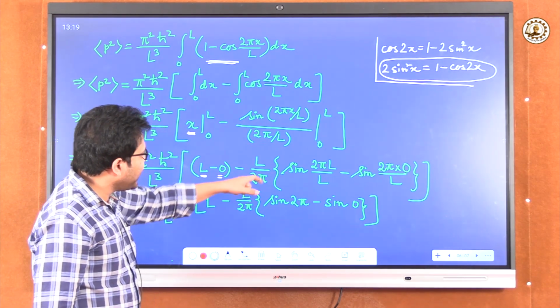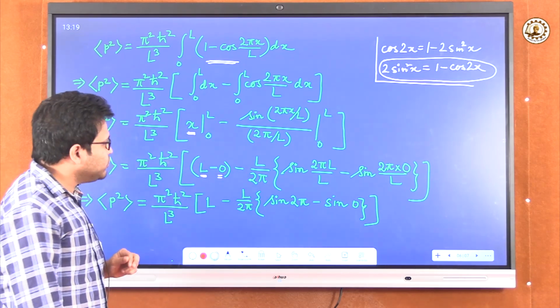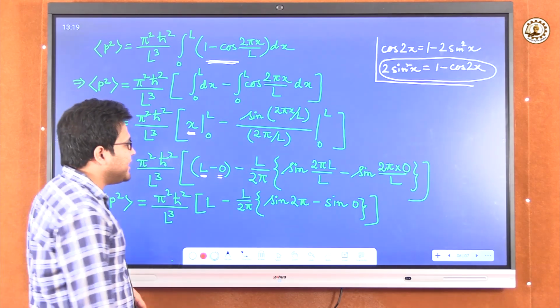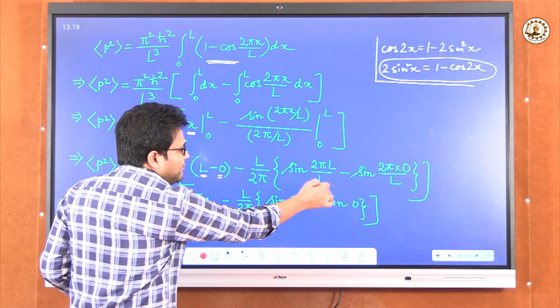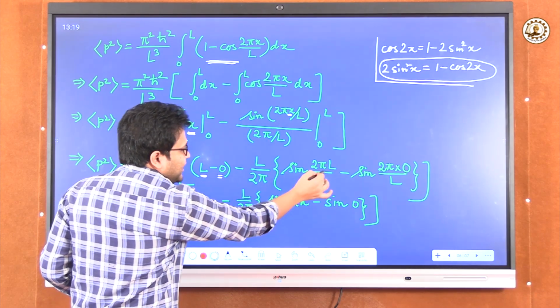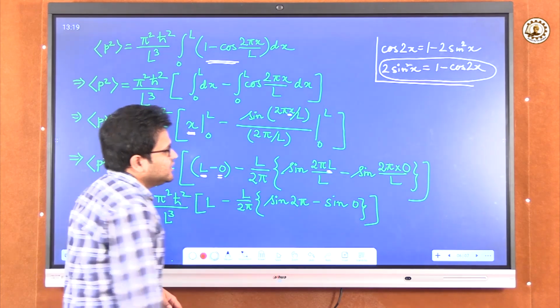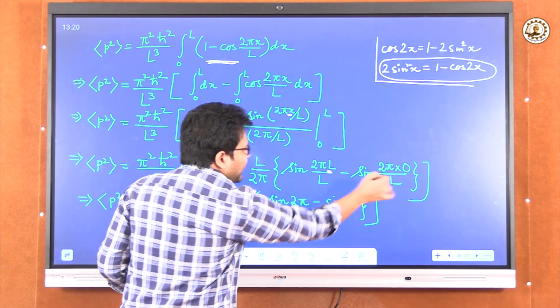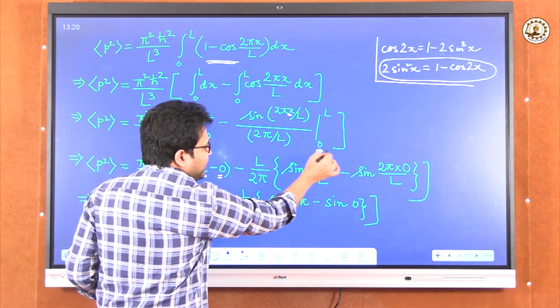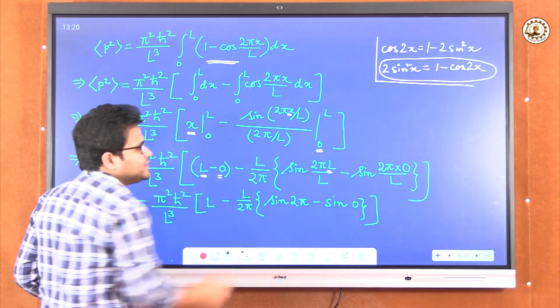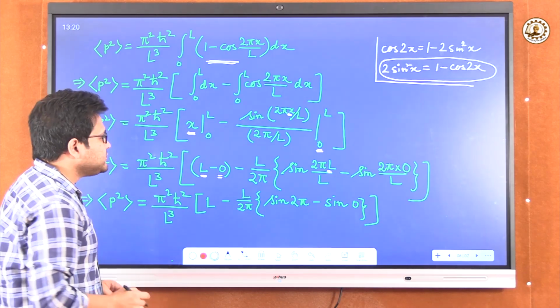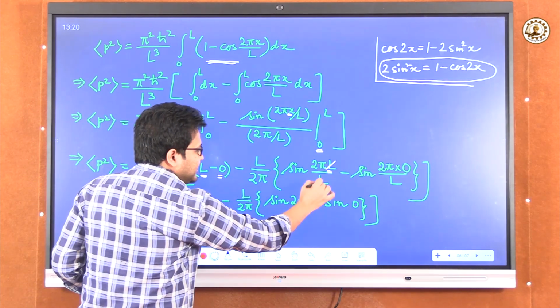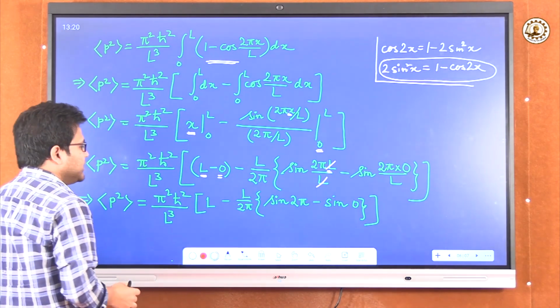that becomes L by 2 pi, and in the sine term, if we put the final and initial limit, then we have sine 2 pi L by L, that is in the position of x, I am writing L, minus sine 2 pi 0 by L, that is in the position of x, I am writing the lower limit 0. So this L and this L cancel out.